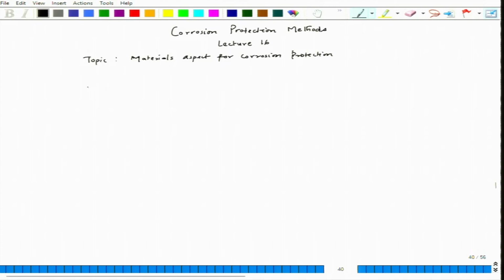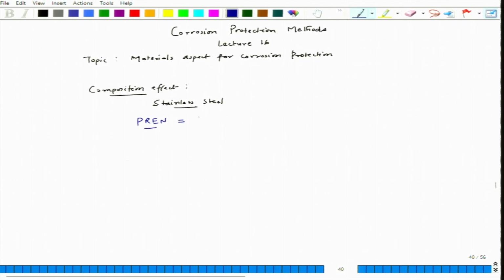So, we are actually still in the section of composition effect on corrosion protection. In case of stainless steel we have an empirical parameter called PREN.